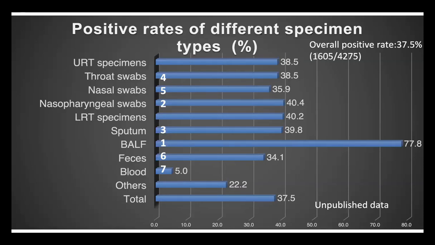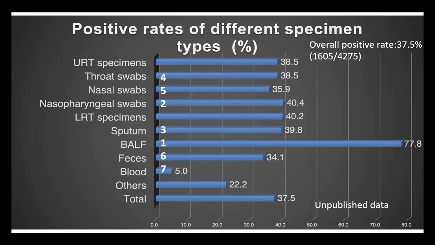Throat swabs and nasal swabs followed with 38.5% and 35.9% positive, ranking 4th and 5th. The positive rate of feces is 34.1%. Blood was only 5% positive.